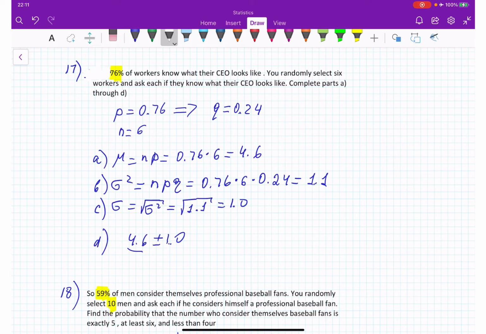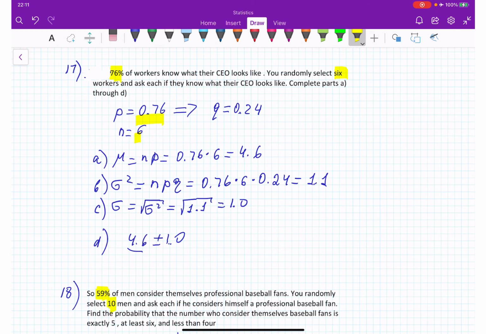You randomly select, here is 76%, 0.76. You randomly select 6 workers, and ask each if they know what their CEO looks like. Complete parts A through D.